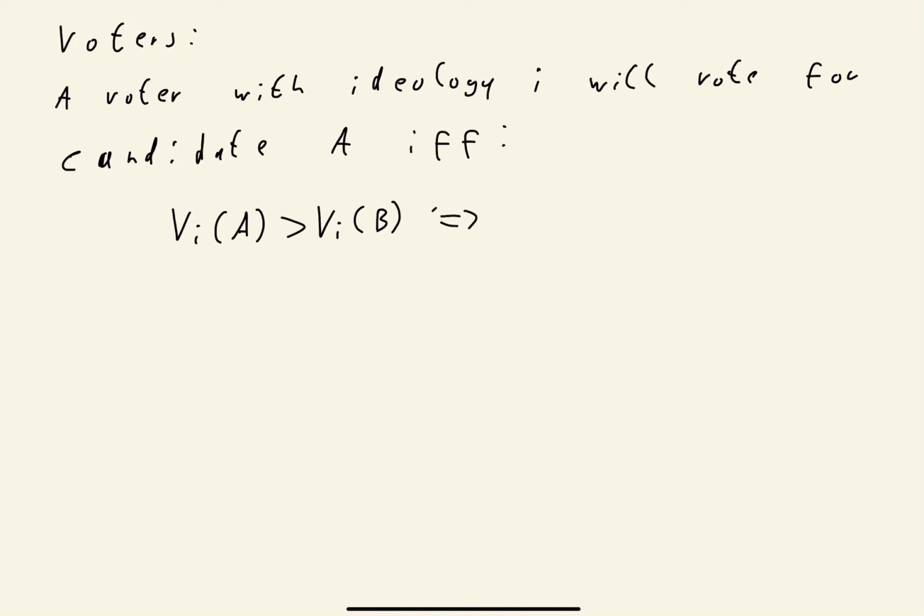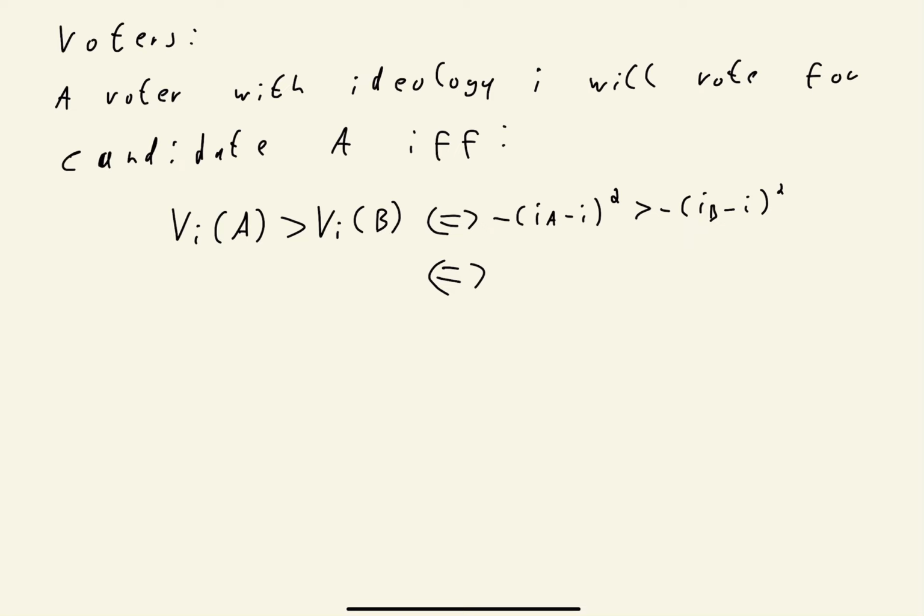And this is equivalent to, now we're just using the utility functions that we were given in the exercise description, minus (IA minus I) to the power of 2 being strictly larger than minus (IB minus I) to the power of 2. Since this is a minus, you want to minimize it.